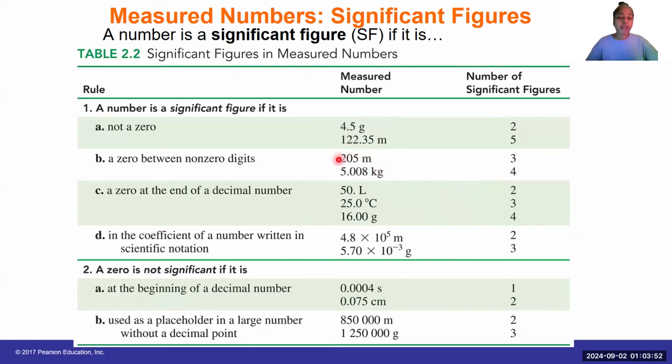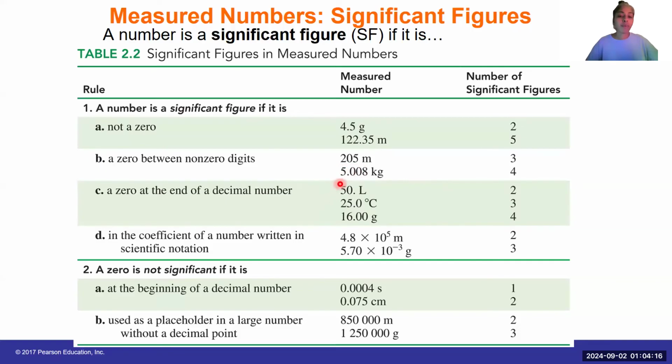Notice that for these values here, there's a 0 in between non-zero digits. Well, they're sandwiched in between actual numbers, right? Because 0 means nothing. But if the 0 is in between two values that have meaning, then that 0 is significant. So 205 meters gives me 1, 2, 3 significant figures.